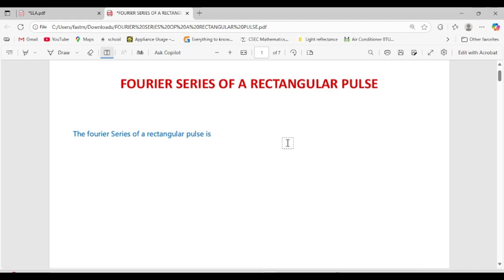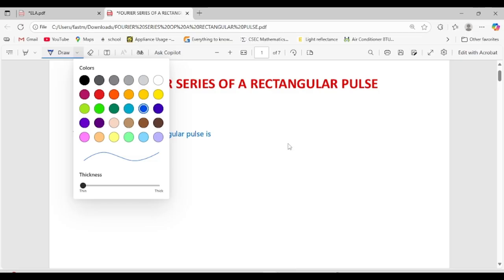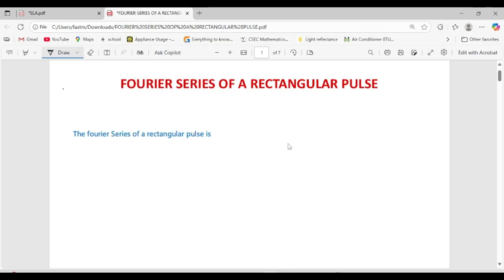So a few of you asked me to make a video on this, so I'll go ahead and make it. It's the Fourier series of a rectangular pulse, which I think we went through in class. This session is by no means to go in depth into these things, but it's actually signal processing.